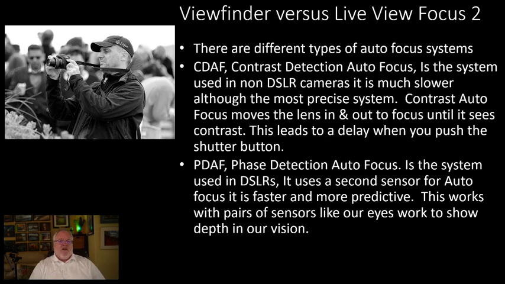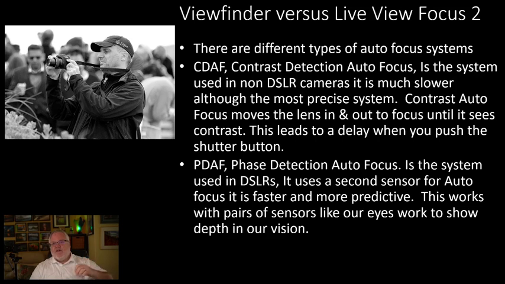Unless you have one of those, your autofocus in live view will be very disappointing. In live view, those other cameras are using contrast, so they're very slow. Phase detection is the system that a DSLR uses when the viewfinder is used.